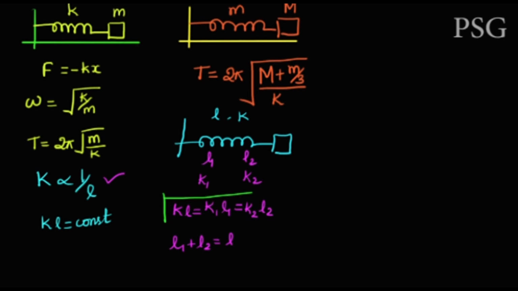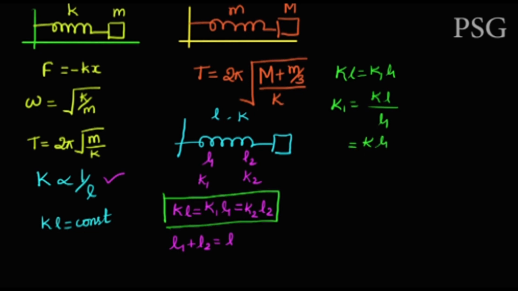From this equation, I can write KL equals K1 L1, or K1 equals K into L divided by L1. This can also be written as K into L1 plus L2 divided by L1.